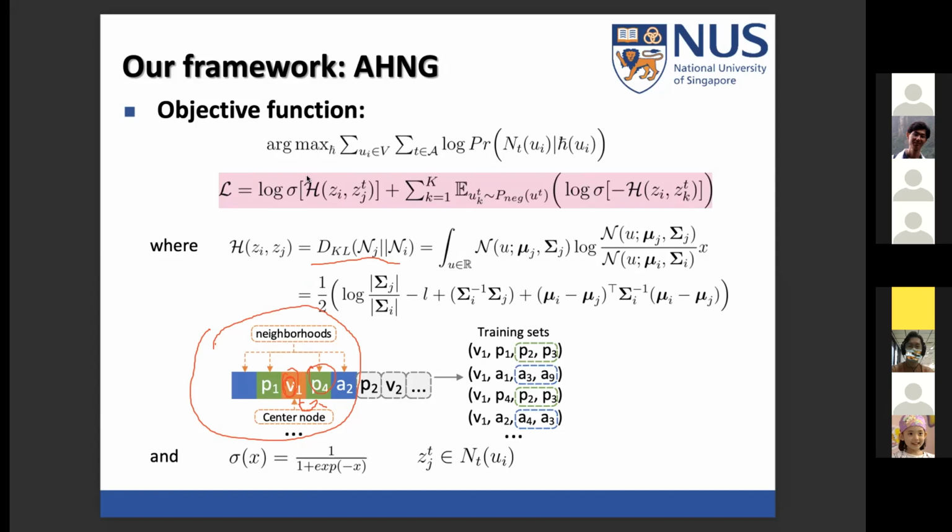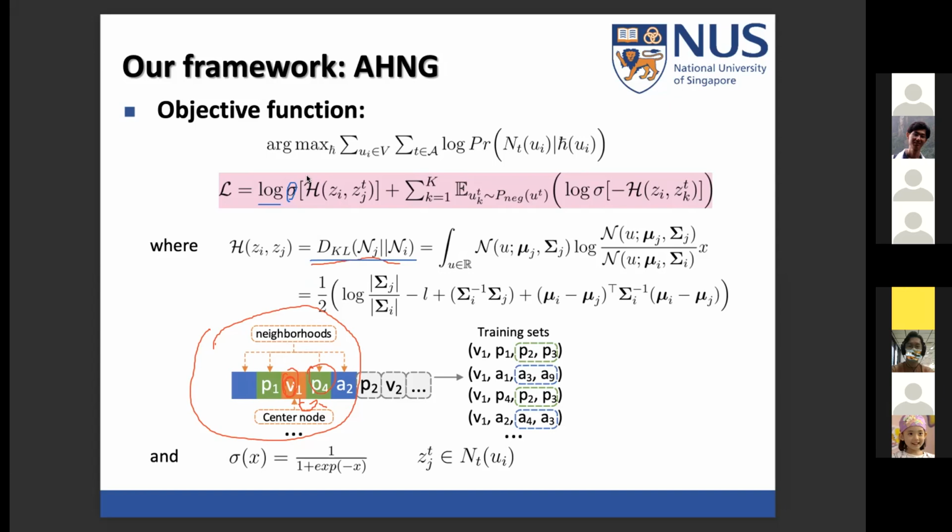Okay, maybe if there are no questions, I have some more questions. Why do you need a sigmoid and a log function outside the KL divergence? You mean why we use the sigmoid function? Can we just optimize the KL divergence directly?